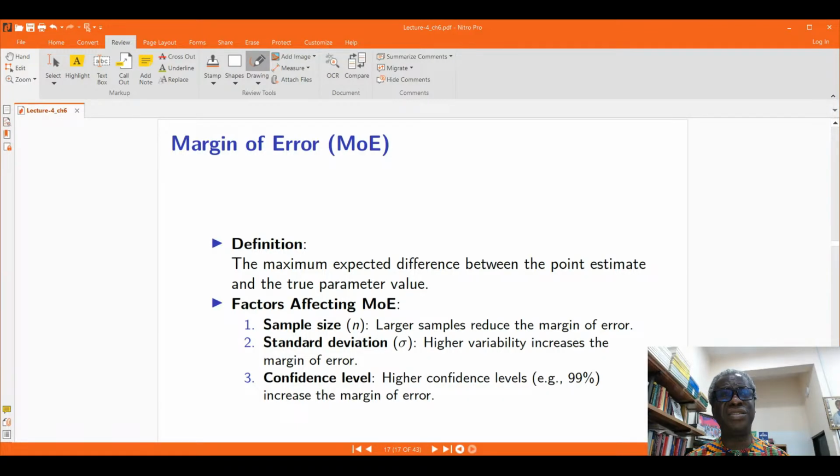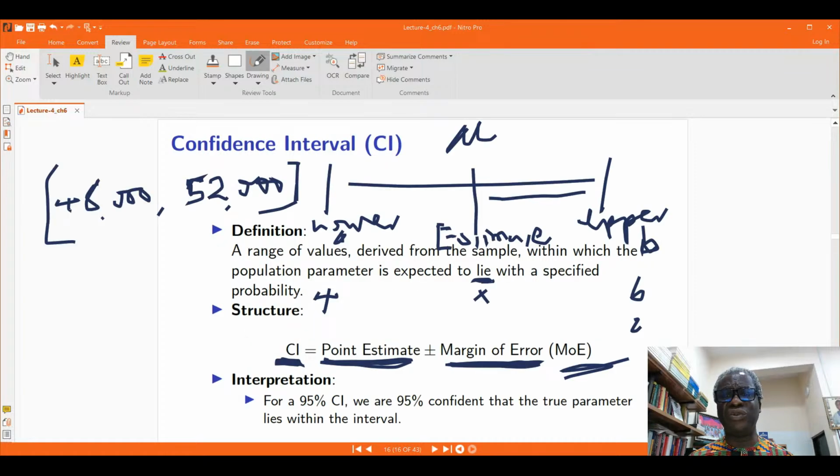Finally, since the researcher determines the confidence level, if you go for a higher confidence level, again, that will increase your margin of error. So it's always good now to look back at this formula. Always look at this formula.